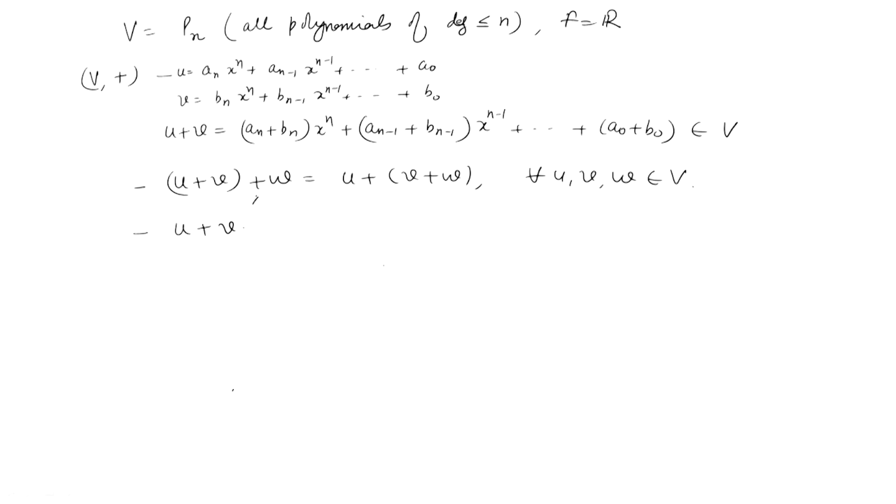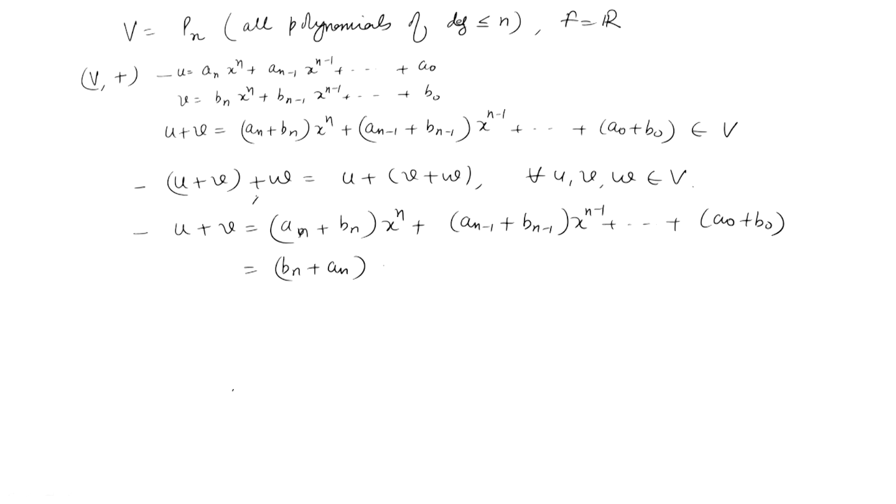You take u plus v, which we have already seen is a n plus b n x raised to power n plus a n minus 1 plus b n minus 1 x raised to power n minus 1 plus and so on a naught plus b naught, and this can be written as b n plus a n, because these are real numbers and real numbers commute with respect to addition.